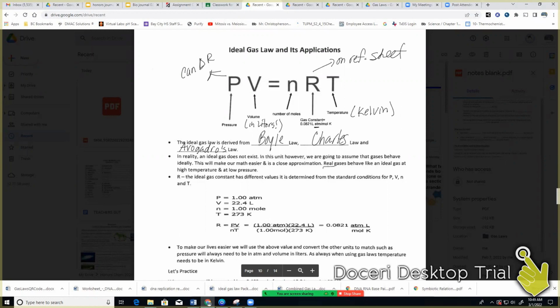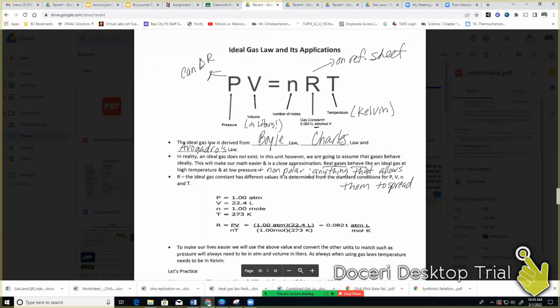Real gases behave most like an ideal gas at high temperatures, low pressure, and when they're non-polar. And that's anything that allows them to spread out and not have any attraction to a gas particle next to it.